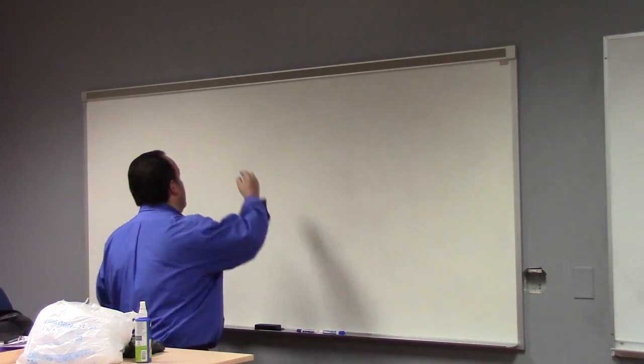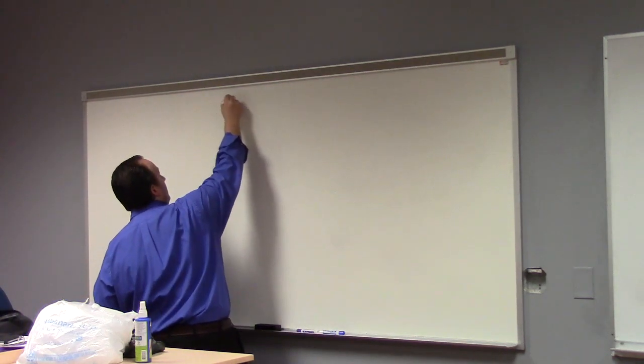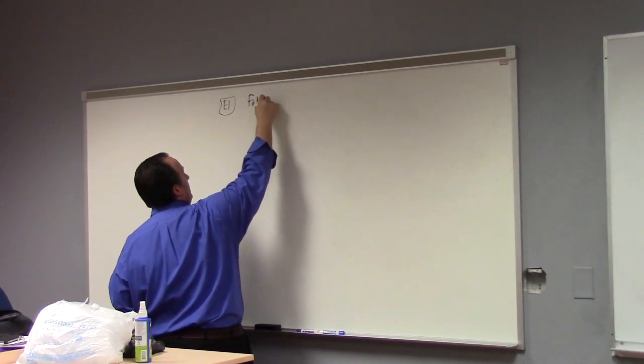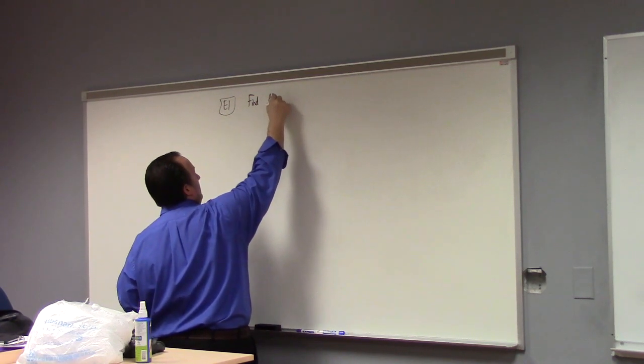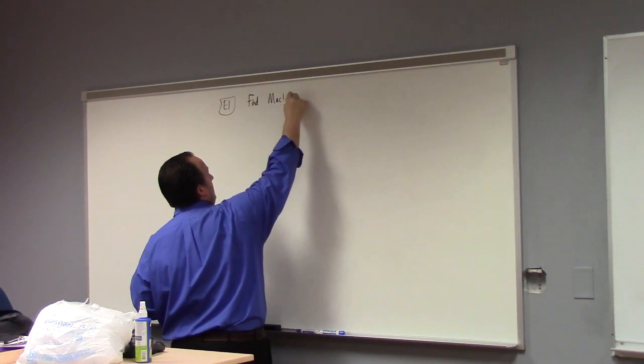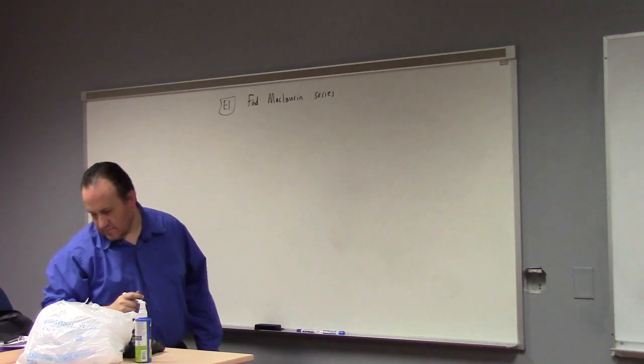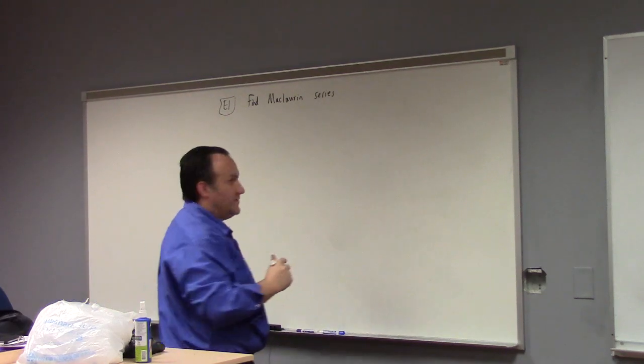Okay, so example 1. Let's find the Maclaurin series. I think this 101 is about, yeah, x equal to 0. It's a Maclaurin problem.